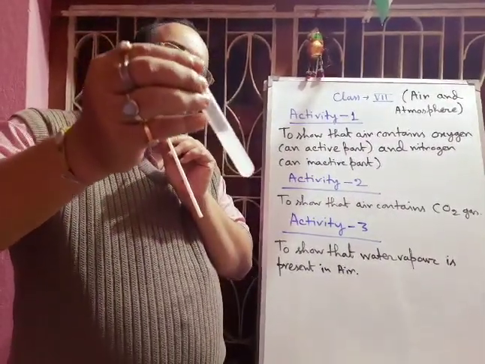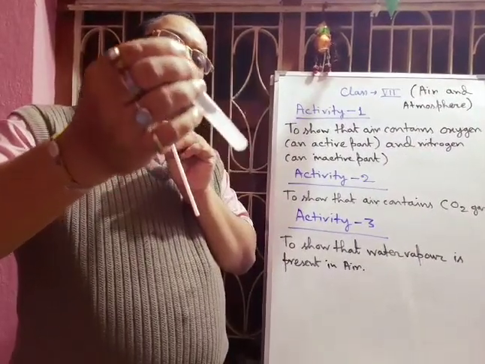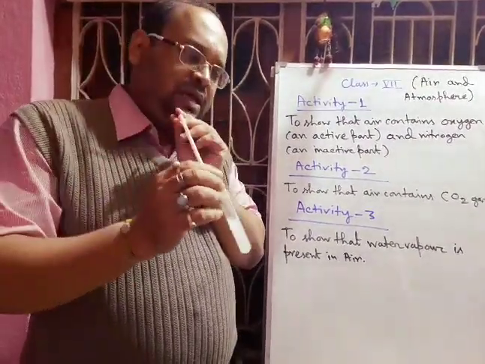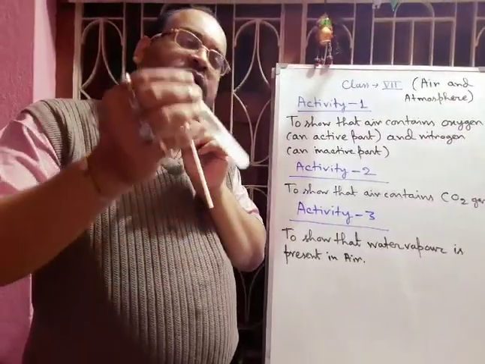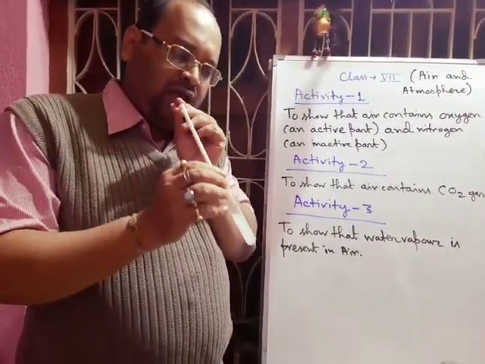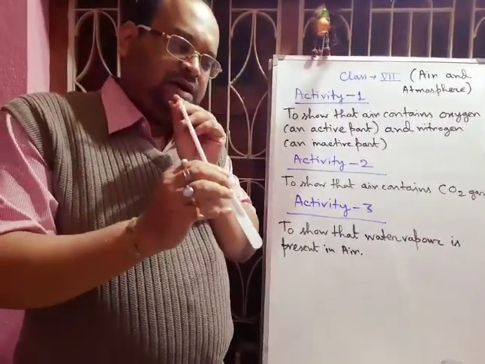It turns milky, or becomes turbid, not transparent. This is because of the formation of calcium carbonate.